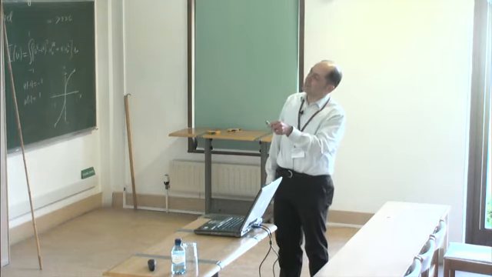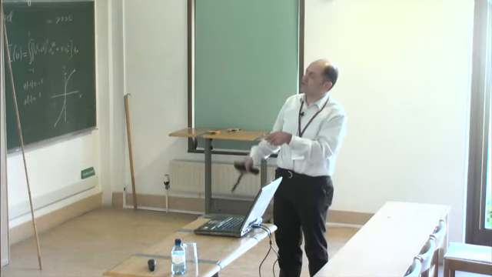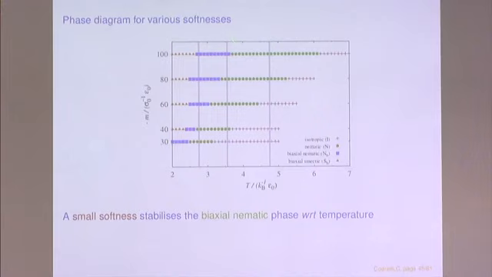So the idea is that again, using the softness, one can shift and enlarge the range of stability of the biaxial nematic phase, and most importantly, it can be shifted to very low temperatures where the standard system would be already an extremely highly ordered biaxial smectic phase.